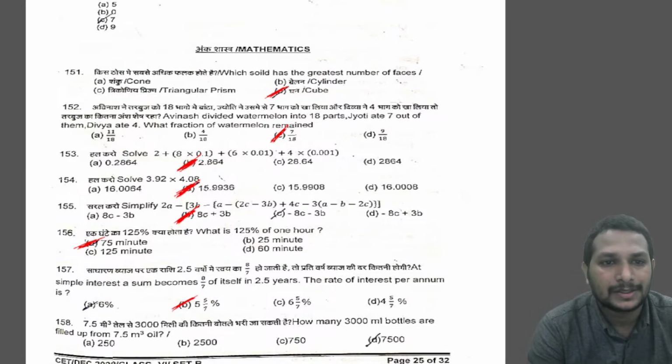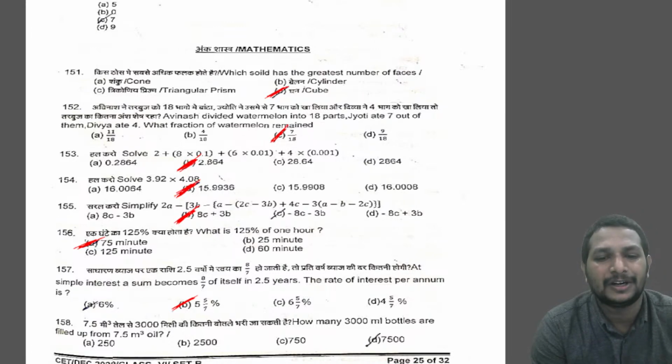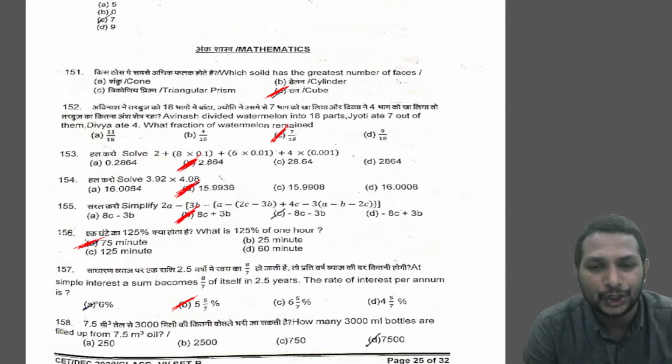As they gave, each bottle is of 3000 ml, and has to be filled from a big can or something containing 7.5 meter cube of oil. Here, first thing, each one is of different units: meter cube and ml.